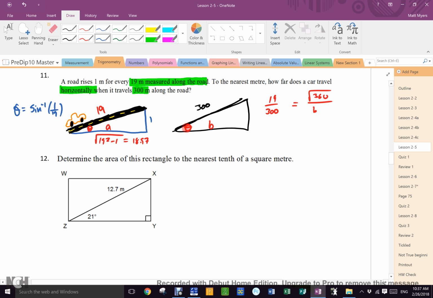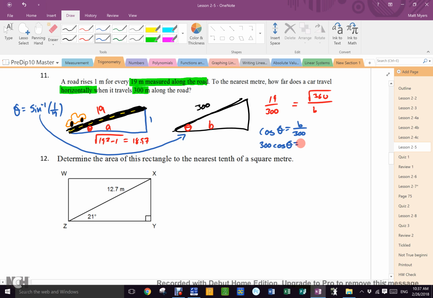Then that will go right in there. And now I have that angle and the hypotenuse, and I need the cos there, don't I? So I could also say cos of theta equals b over 300. So 300 cos theta will also give me the right answer.